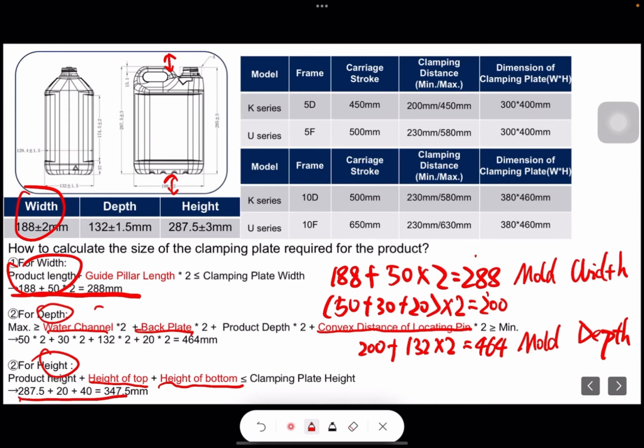So 287.5 plus 20, the top is 20 here, and the bottom is 40, so 347.5 is the mold height.